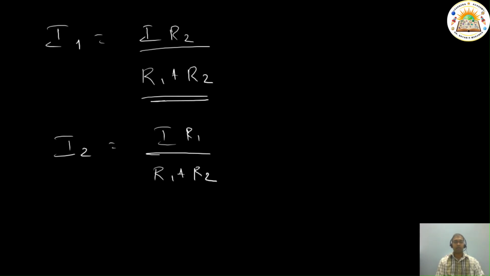So if I'm taking branch 1, that is the top branch in our diagram, this is going to be R1. The bottom branch was R2. So current I1 will be nothing but total current times R2 divided by the sum of the resistances, or current I2, that is in the second branch, is nothing but I times R1 divided by R1 plus R2.